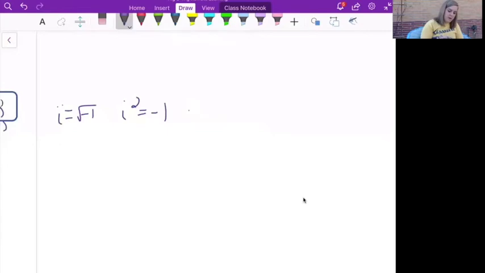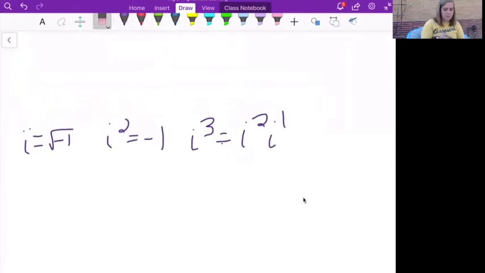If we want to find out what I cubed is, this is going to be I squared times I. That's just using our properties of exponents by breaking it up, because I to the first times I squared would just give us I cubed. And so then this, we know, is -1, and this is just I. So then I cubed is going to be equal to -I.